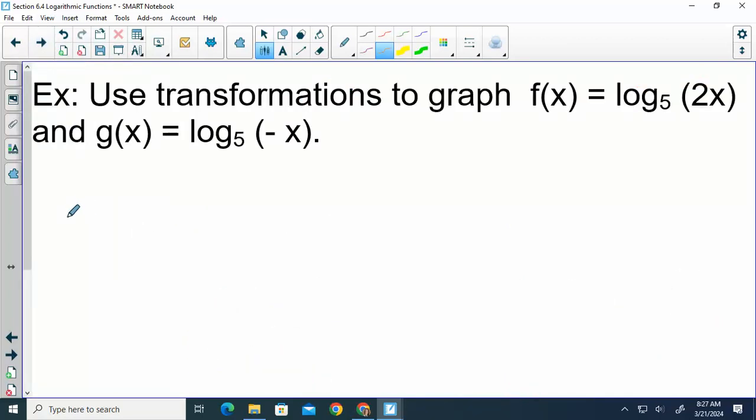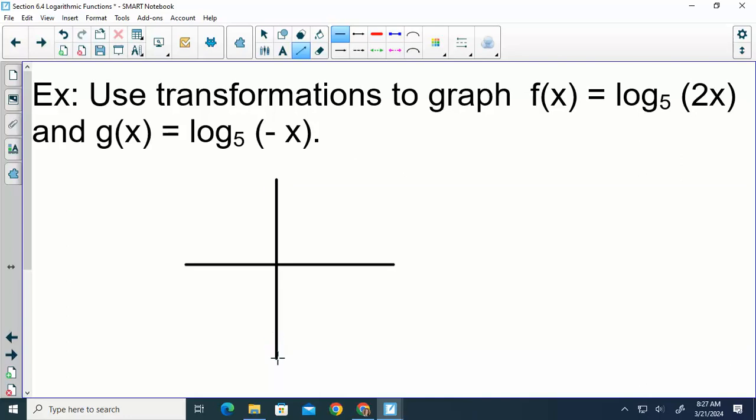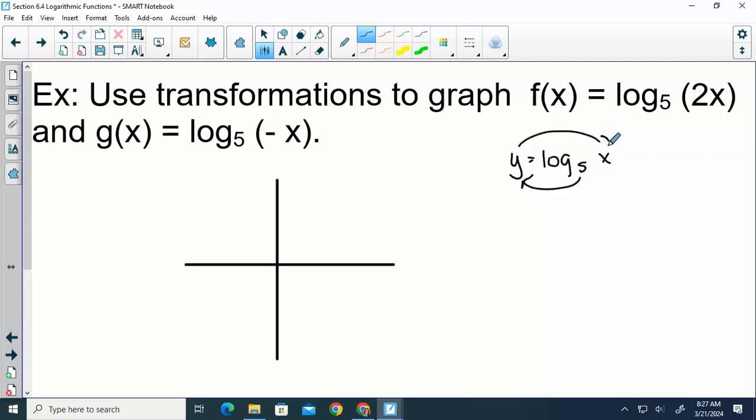I want to do one last problem that involves some different transformations. So what is my parent function for both of these? Something that you have to memorize, I mean. Something that keeps me up in my nightmares. What's our parent function? 1.5. So we'll plug in -1, 0, and 1 for the exponent.